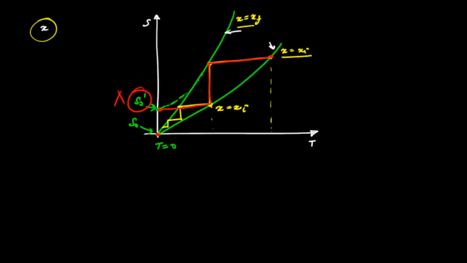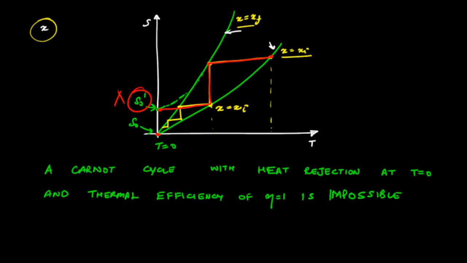Therefore, the Nernst unattainability principle leads us to conclude that a Carnot cycle with heat rejection at absolute zero temperature and thermal efficiency of eta equals 1, that is 100% thermal efficiency, is impossible, because recall that the thermal efficiency of a Carnot cycle is 1 minus the temperature at which heat is rejected divided by the temperature at which heat is absorbed.